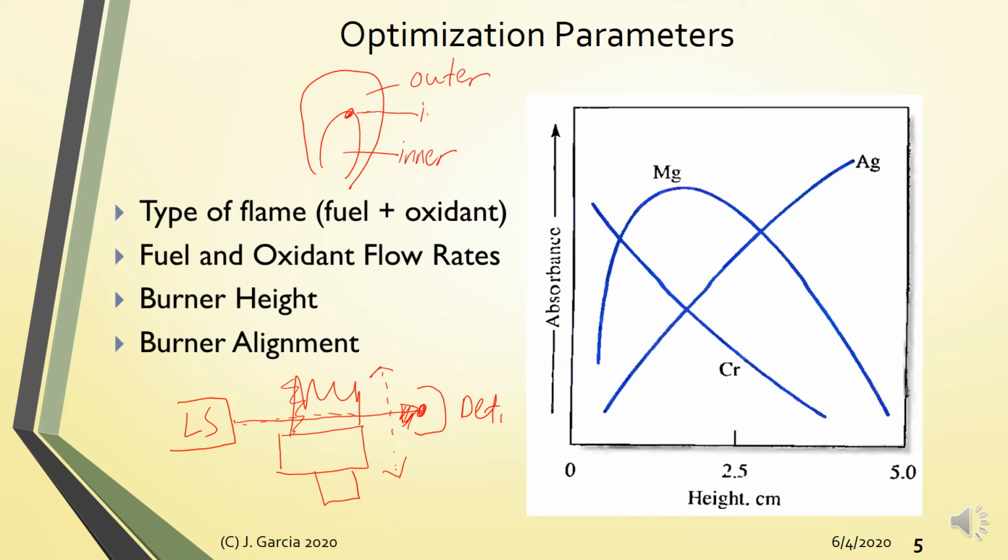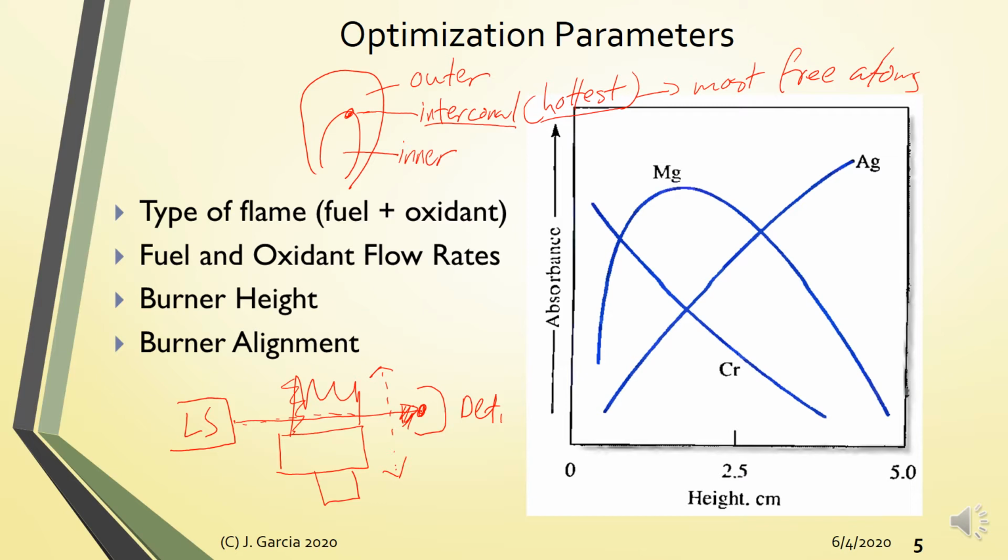This is what we call your interconal region, and we know that this is the hottest part of the flame. In relation with AAS, the interconal region being the hottest means that this is the region where you have the most free atoms available in the flame.